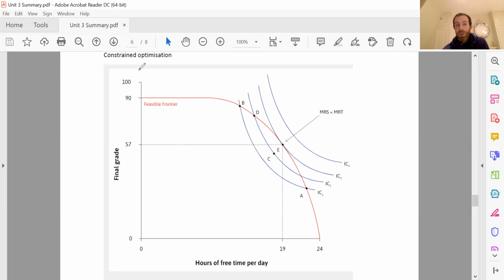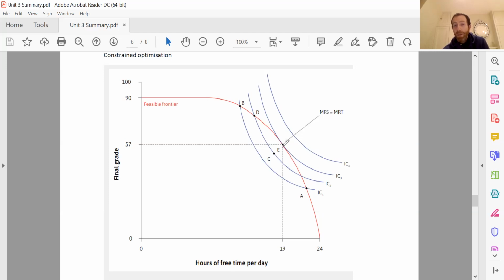That's why it's called constrained optimization, because the feasible frontier shows us what is possible. Alexei would never choose some combination inside of the feasible frontier, because it'd be a waste. So he's going to choose the point along the feasible frontier which will get him to the highest possible indifference curve.